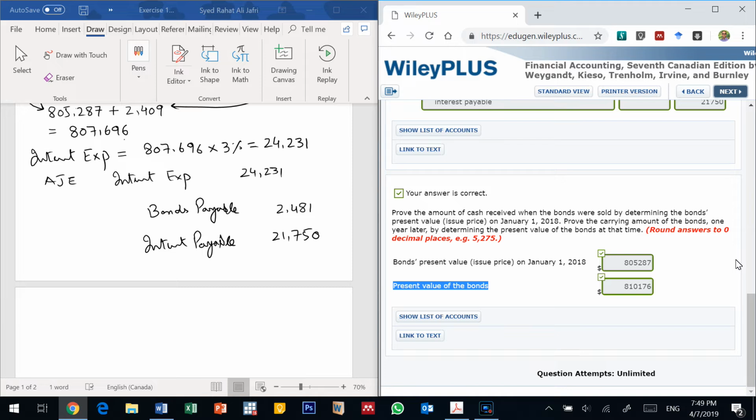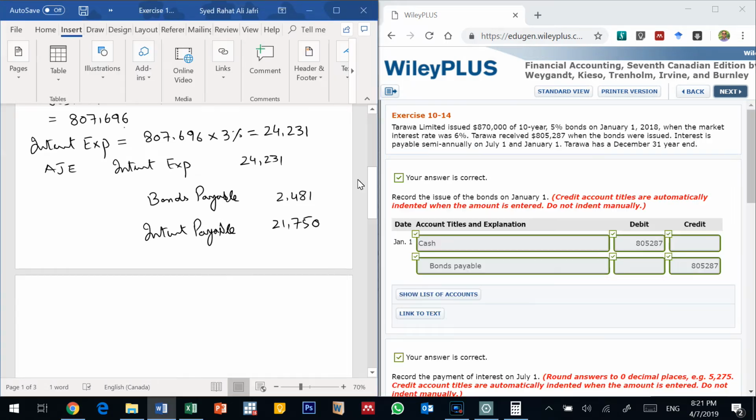Some of my friends have computed this number by using the carrying amount of this bond, which is 807,696, plus the amortization on December 31st, 2018, which is 2,481.